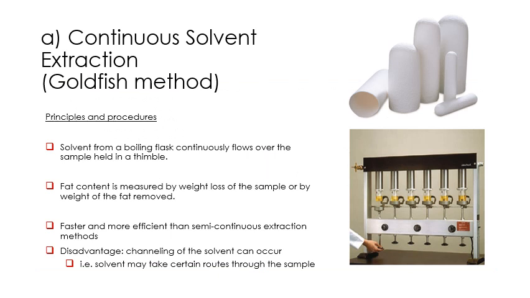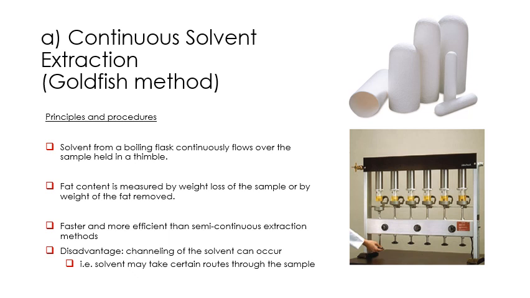Different methods of lipid analysis. One is the continuous solvent extraction, which is the Goldfish method. Here, the solvent from a boiling flask continuously flows over the sample that is held in a thimble, as shown in this figure here. Fat content is then measured by measuring the weight loss of the sample once the fat has been removed.